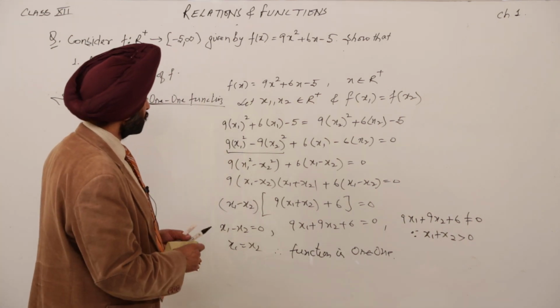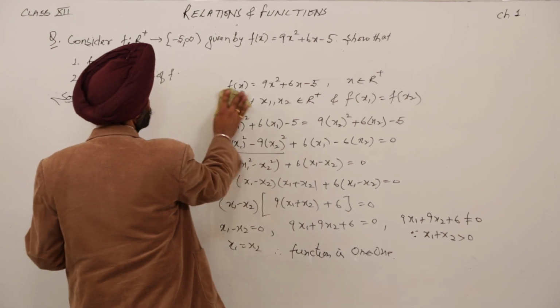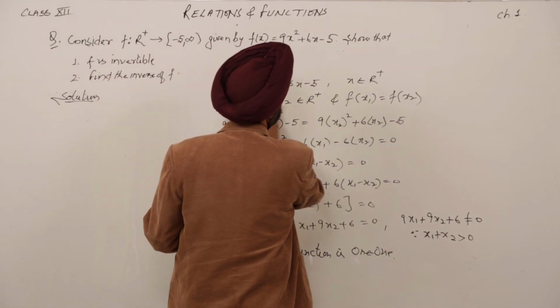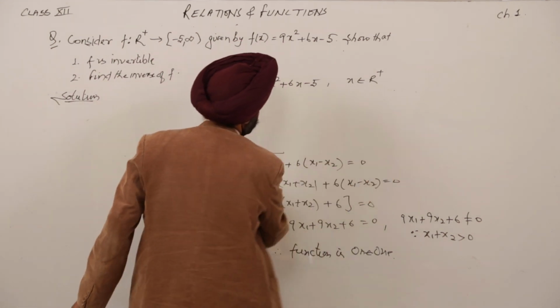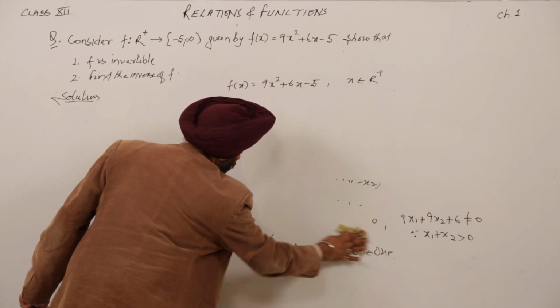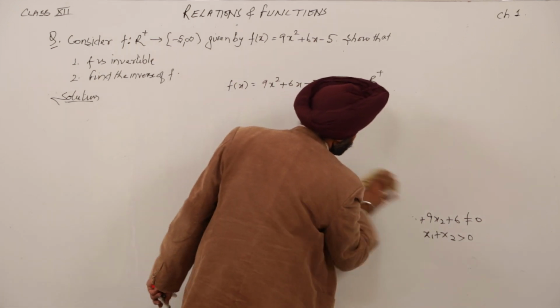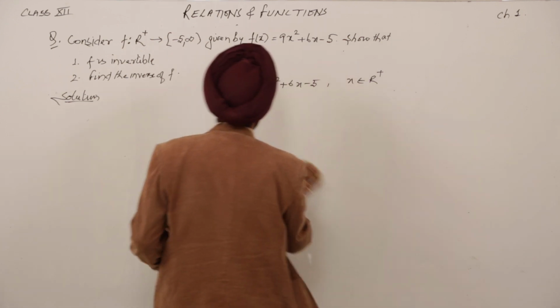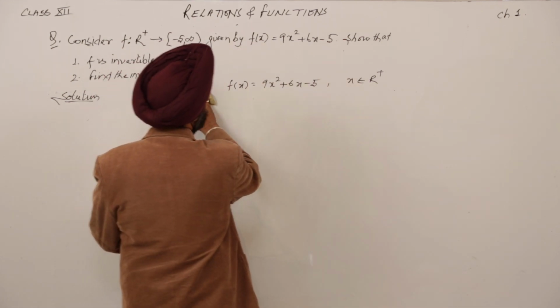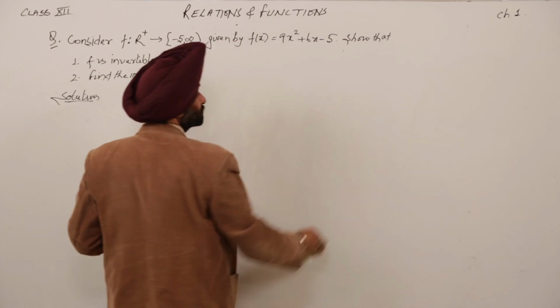Now I am moving to the second part, that is the onto function. For the onto function, what we did in our algorithm approach, we wrote let f(x) = y, and then we solved that part.